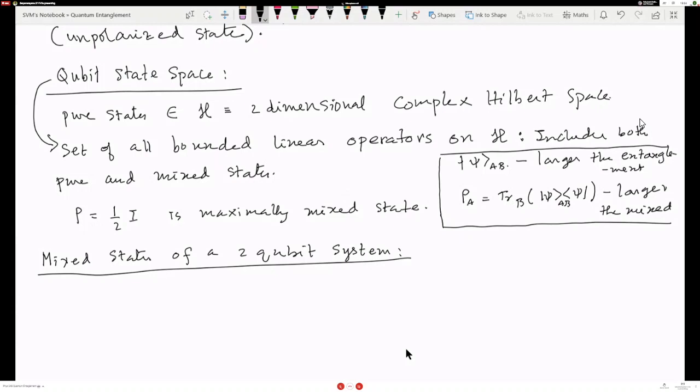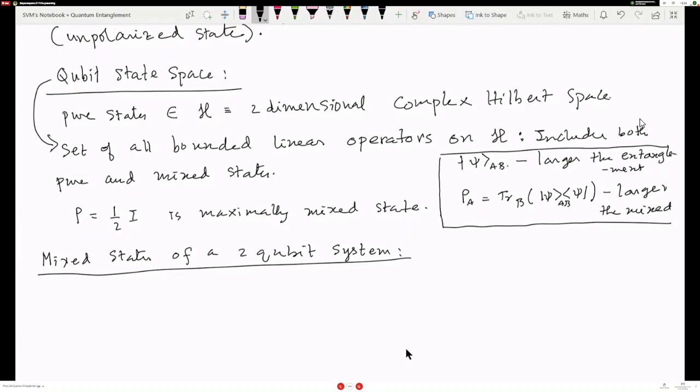Qubit state space is also two-dimensional. Normally when we talk about a qubit and Hilbert space, it is only considered as this Hilbert space. But when you consider all the state space, essentially the set of all bounded linear operators, then that is actually four-dimensional.